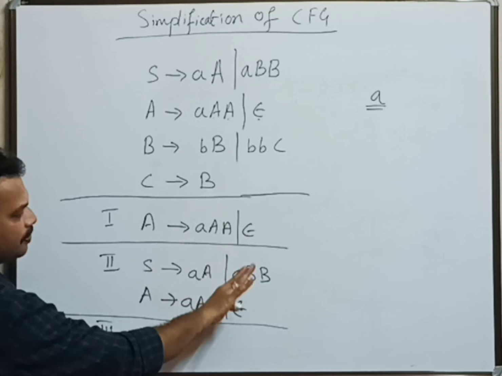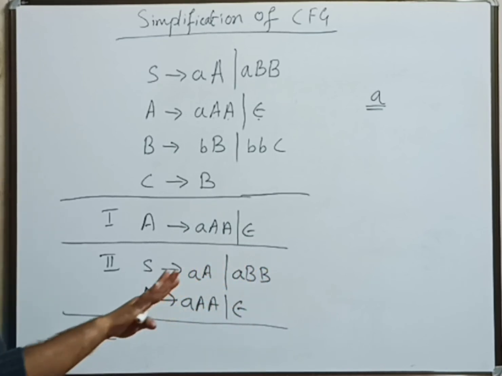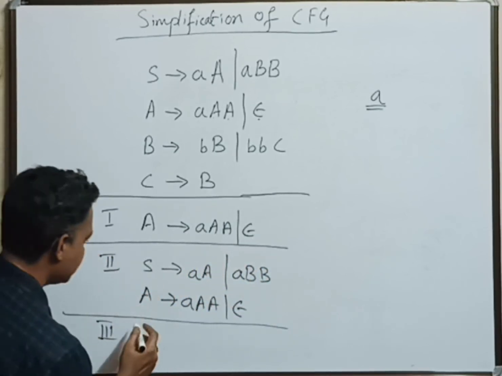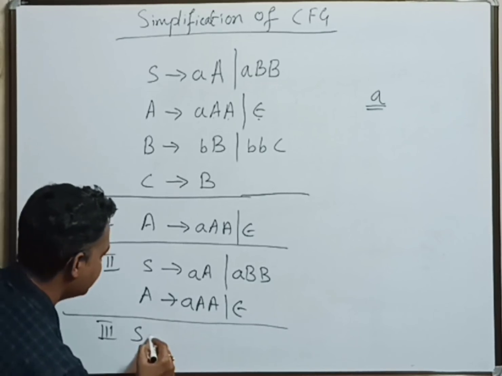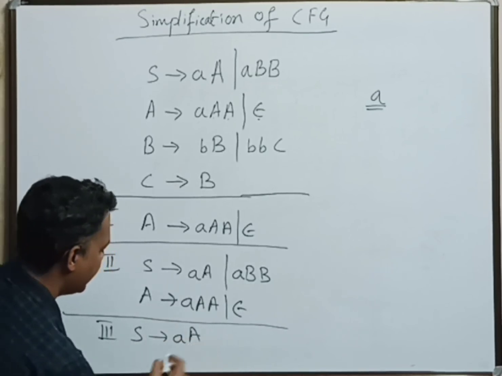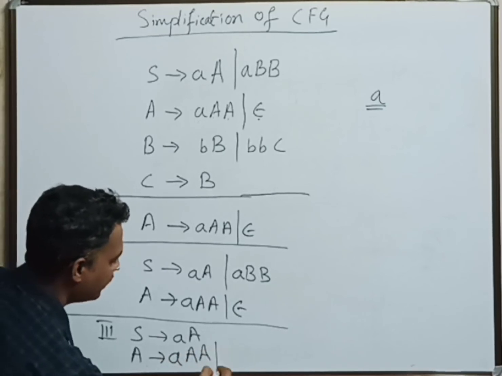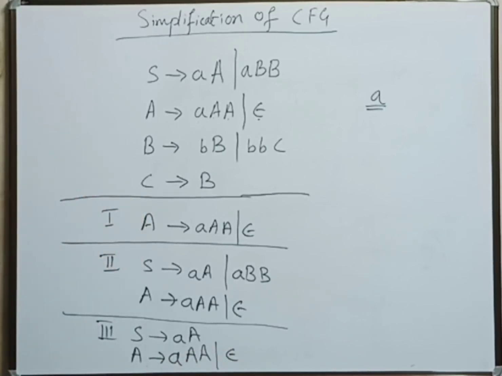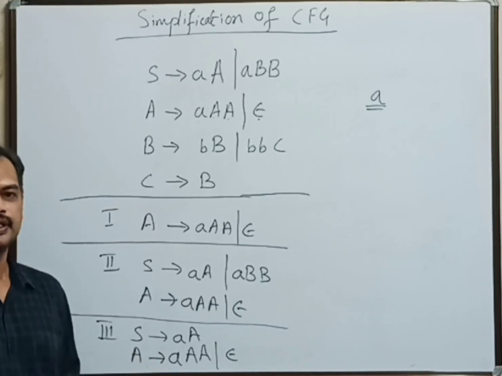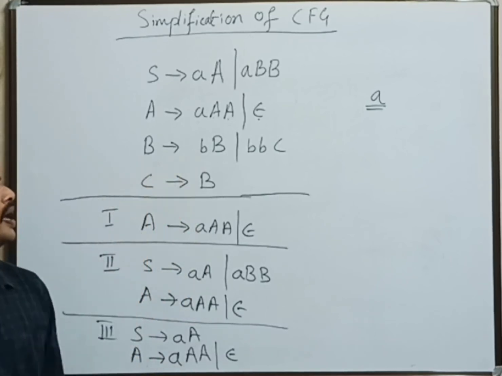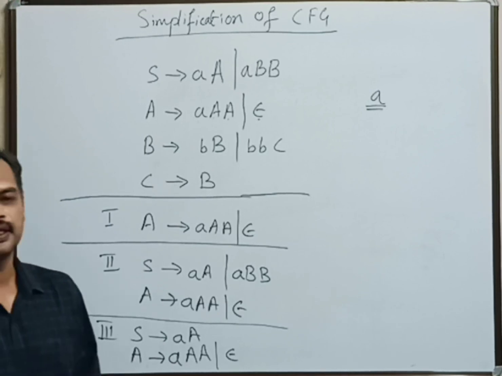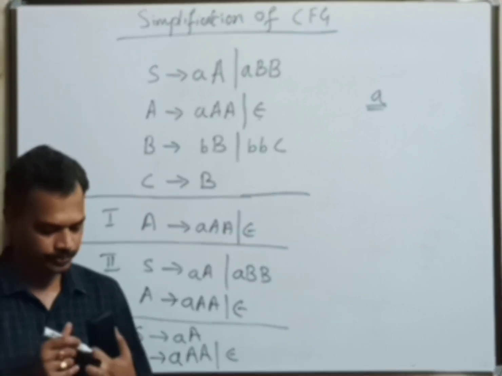Once we remove this A to ABB, the production that is unreachable, we get the simplified CFG, that is S to AA and A to epsilon. So this is the simplified CFG for the given context-free grammar. Thank you.